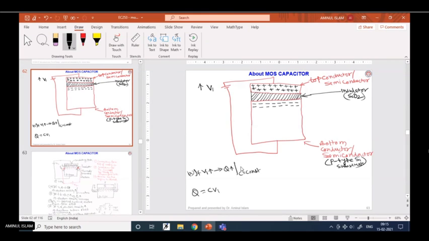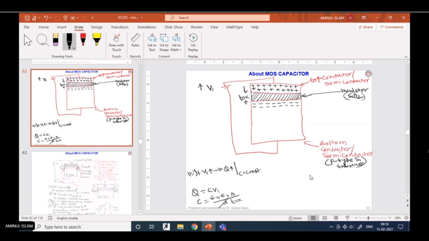C, capacitance of this, and C is epsilon 0 epsilon r A by d. This distance d, let me call it thickness t, or it is oxide, silicon dioxide, so I am calling it TOX, oxide thickness. So here instead of d I am writing TOX.